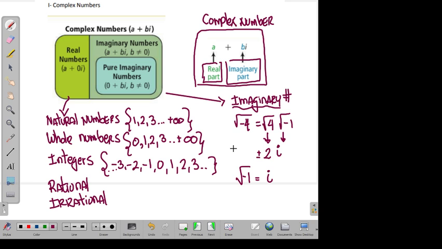Now, complex number is, believe it or not, every number that you have ever seen in your life, including the group that I have here, can be converted to complex numbers. Everything. The problem is that your teacher never told you that. But every number is complex.